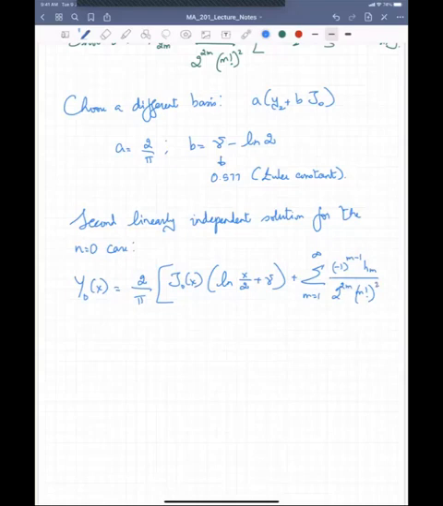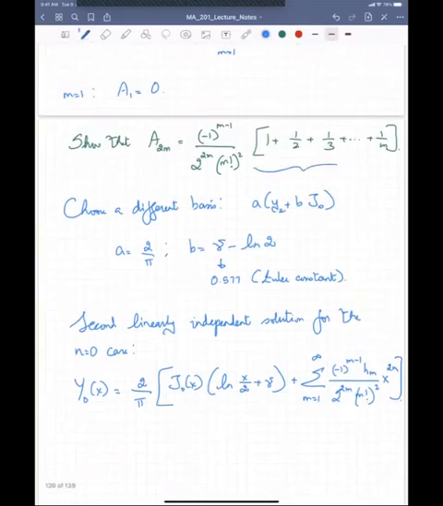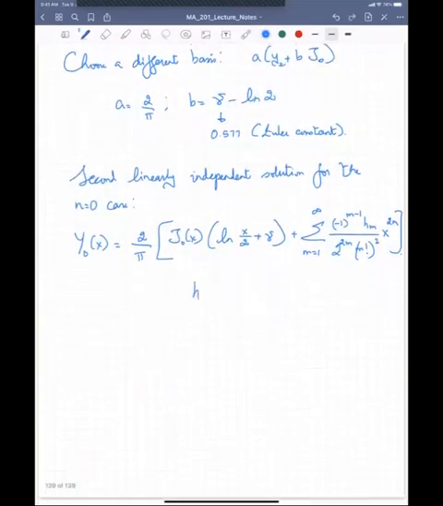This is basically a_2m times x to the 2m, where instead of writing this series over and over again, I've called this some H_m. H_m is basically 1 plus 1/2 plus all the way to 1 over m.